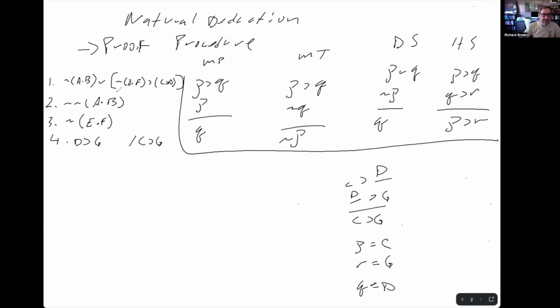The brackets tell us that this statement is a wedge. So that statement 1 really can be thought of as saying that P is tilde A dot B, and Q is tilde E dot F horseshoe C horseshoe D. Okay, so if you interpret P and Q this way, then this first sentence says P wedge Q, right?